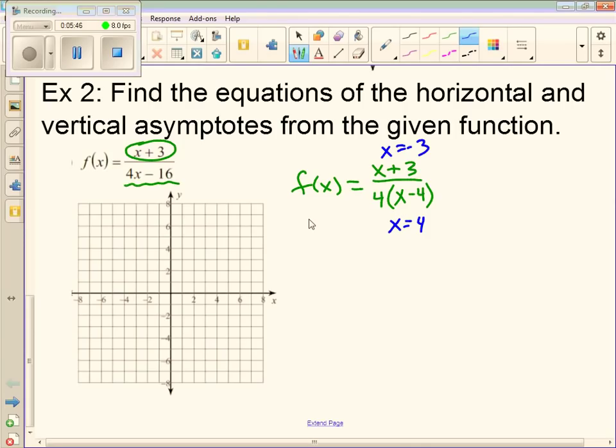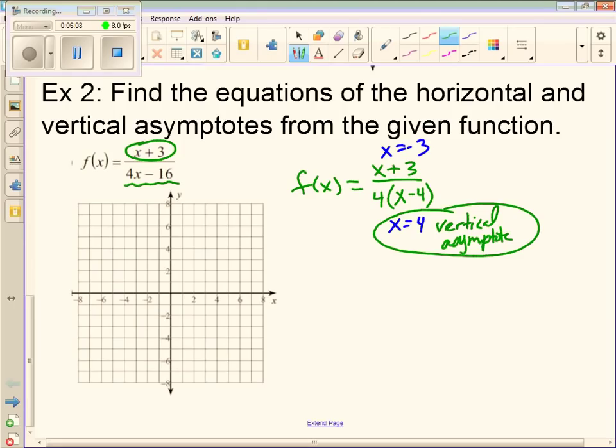The only denominator zero is x equals 4. That is our vertical asymptote. So x equals 4. There are no other denominators that have zeros.